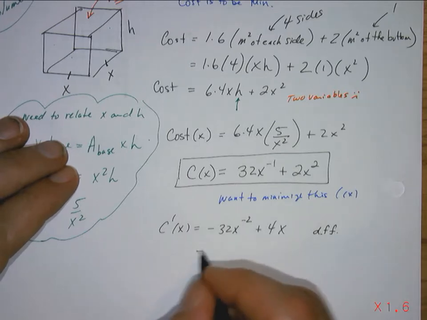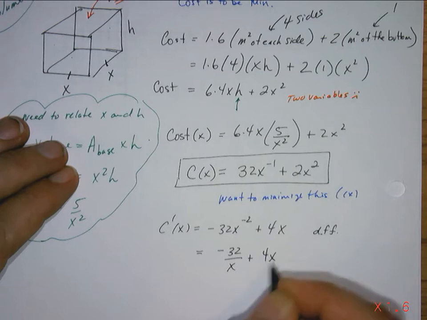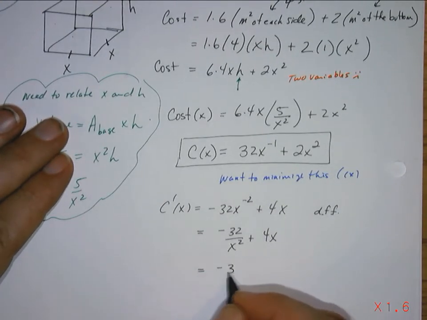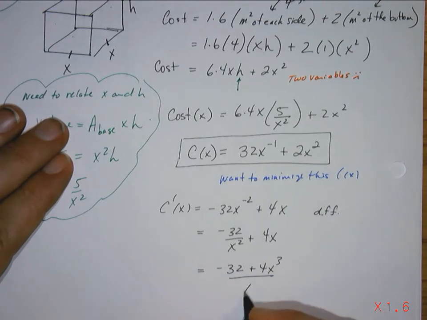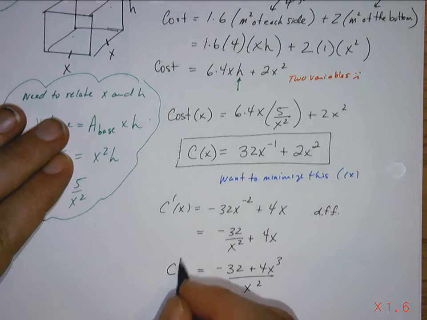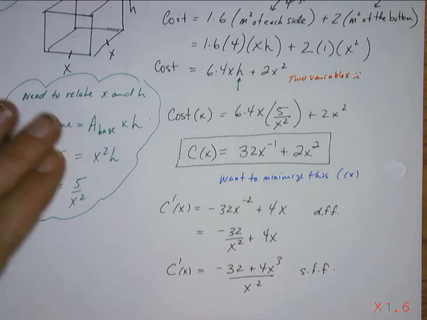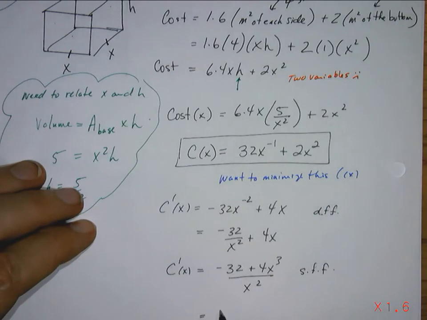And here's my solving-friendly form. I'm going to get a common denominator of x squared. And that is my solving-friendly form. If I want to rewrite that so it looks a little bit nicer, it'd be 4x cubed minus 32 over x squared.